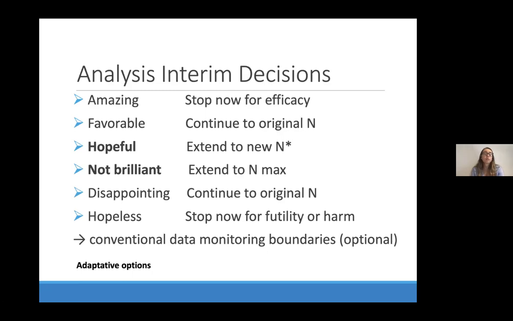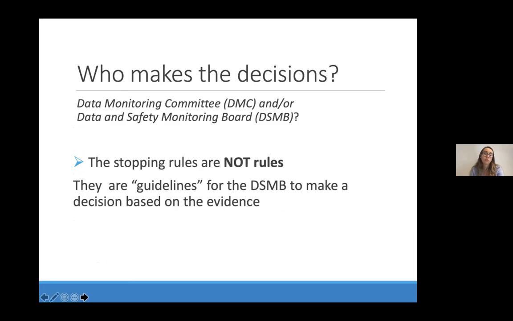You could have hopeful but not brilliant results and have planned to extend your number of subjects, because you see that the results were not there, probably because you're not powered enough to show those results. Or you can have disappointing and hopeless results, and for that, you could decide to stop for futility or harm, or continue to your original sample size. Again, all of this has to be planned before. So let's see what they decided in the SHIFT trial, and let's talk about who makes this decision.